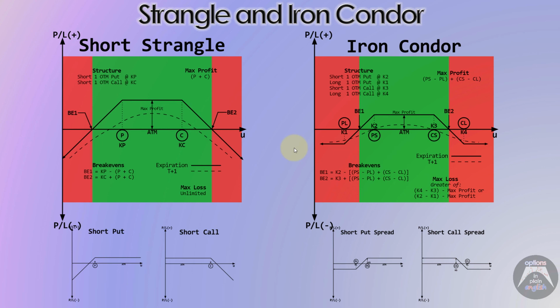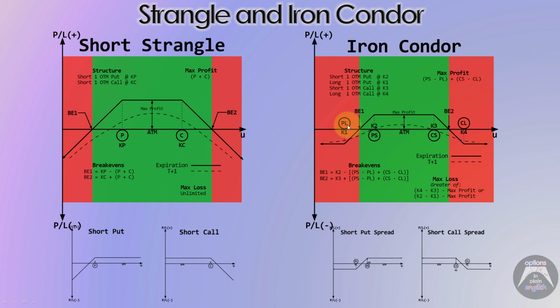Now, just to summarize, both these positions want the price to stay in a certain range. They want the implied volatility to go down, because that's going to increase your profits on both sides. And they want the price to stay where it is. In this case, you have a higher credit because you're not buying what traders call wings, but because of that, you have unlimited risk.